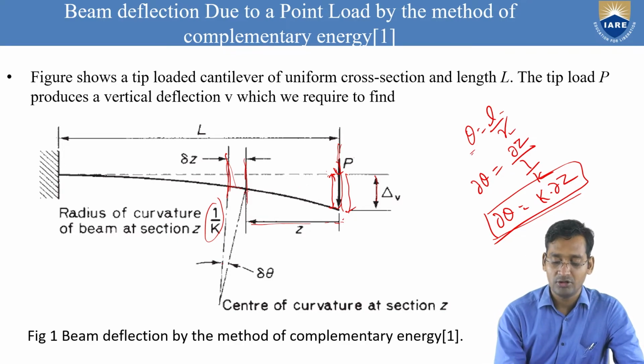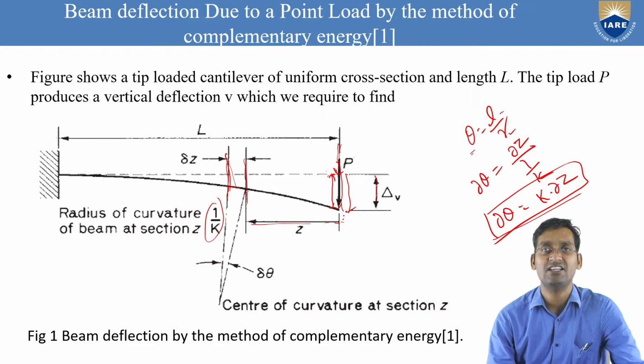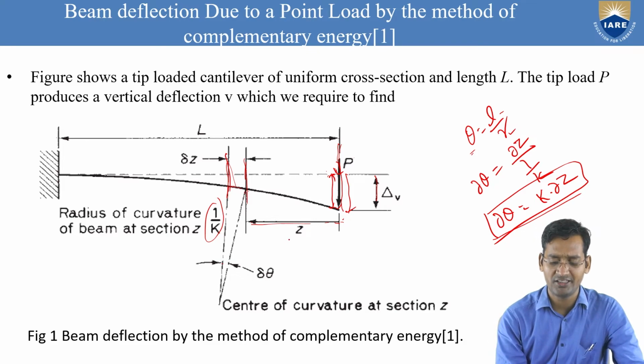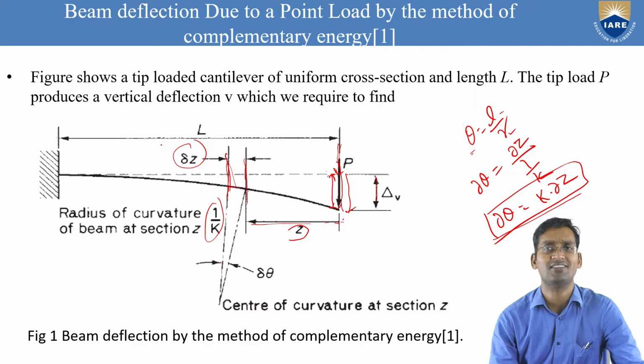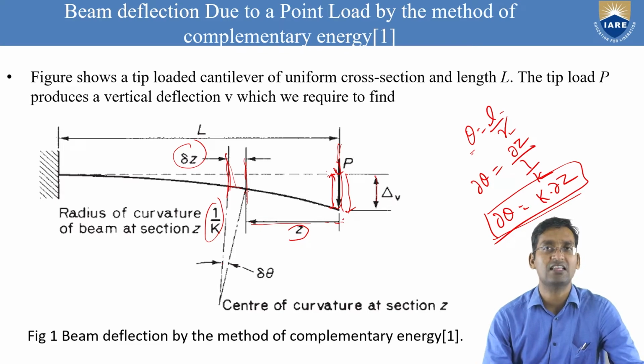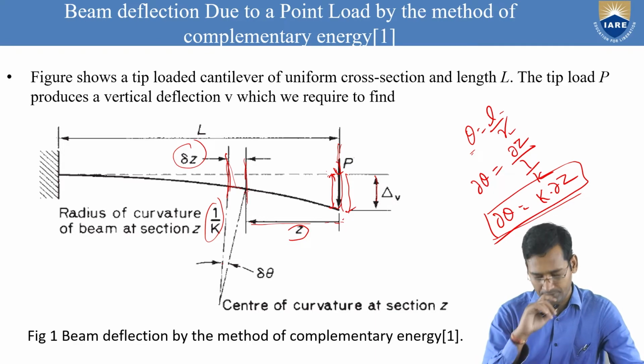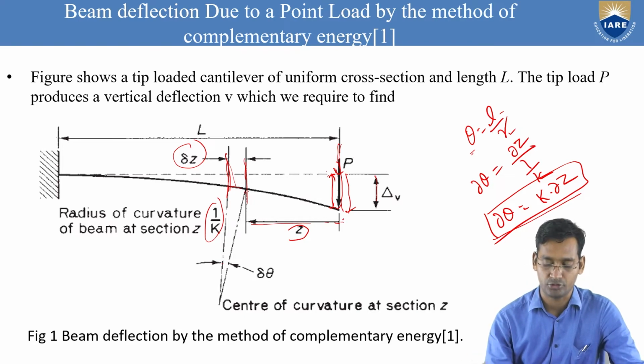Now assume a distance z; you can take x also. If you are taking x, then you have to take dou x. We have taken z because the standard book uses z, and that is why I am also using z.